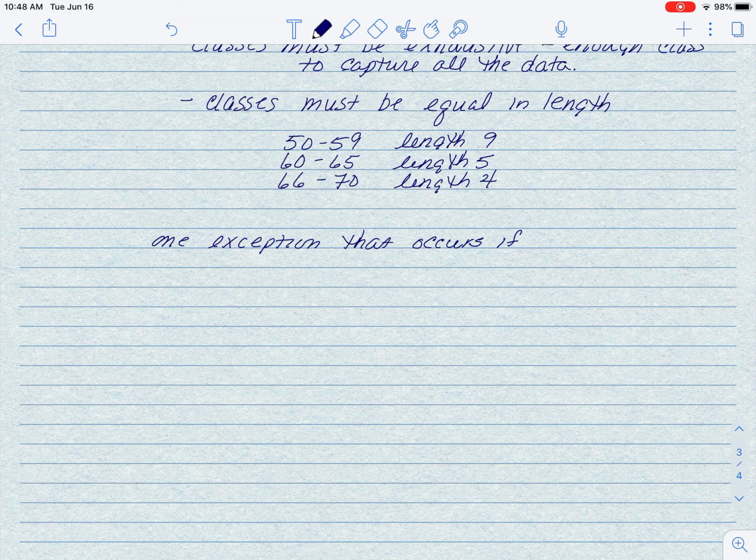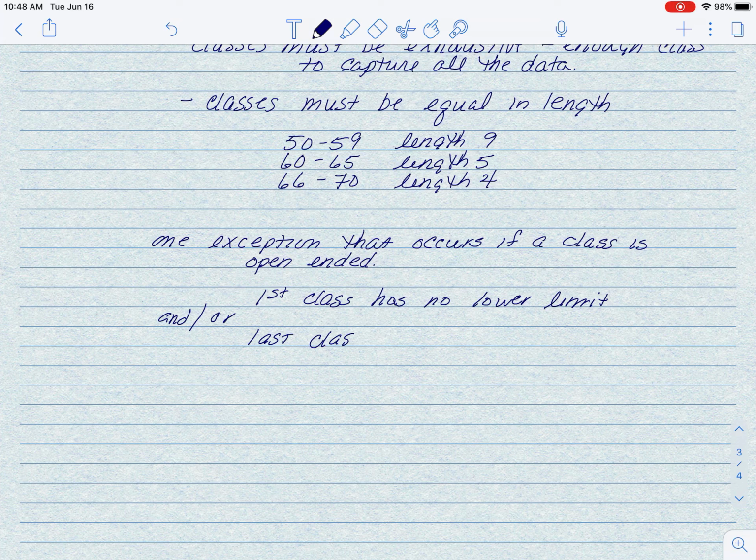You can have one exception if a class is open-ended. This can only happen in the first class or the last class. The first class has no lower limit, and/or the last class has no upper limit.